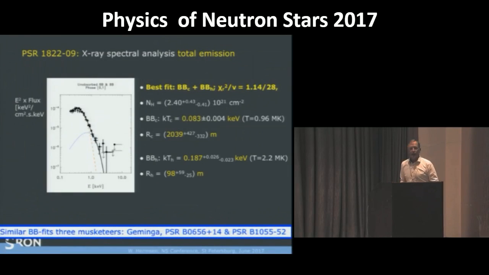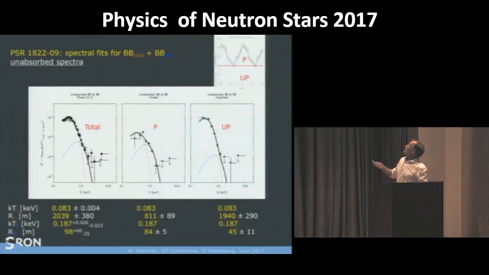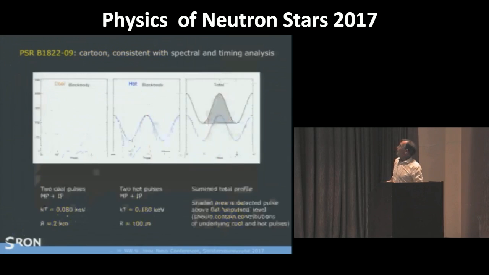And this is not strange because this is a pulsar 200,000 years old, a bit similar to the three Musketeers, Geminga, 0656 and 1052. They also have two black bodies. They have in addition a power law, but that is much weaker, and if you would scale it, it would be below our upper limits. In fact, when we now fit the pulsed emission and the unpulsed emission as well, we have proper fits with the same temperatures and similar radii.